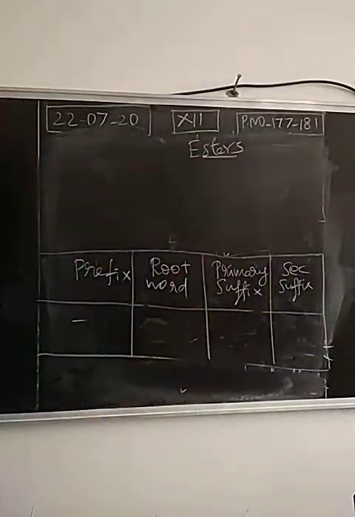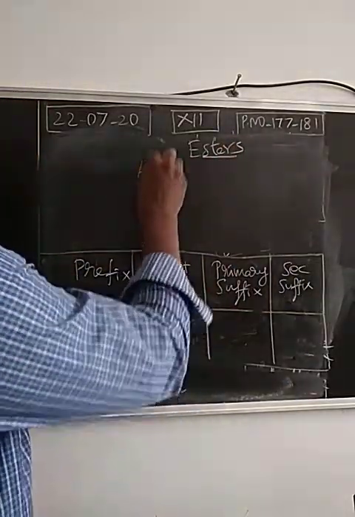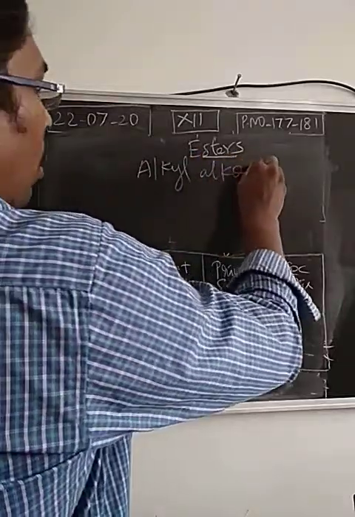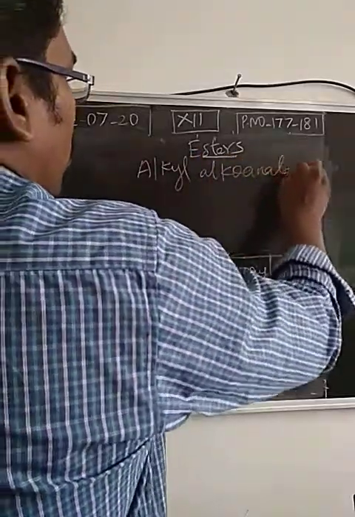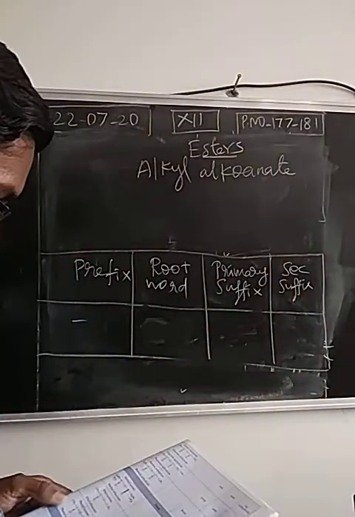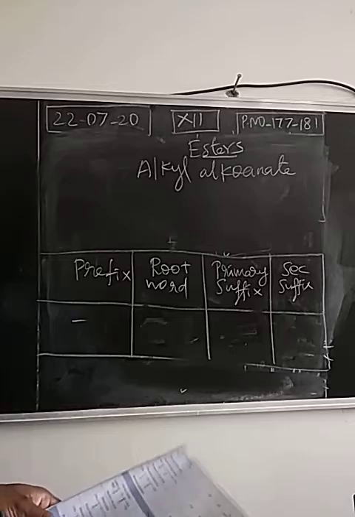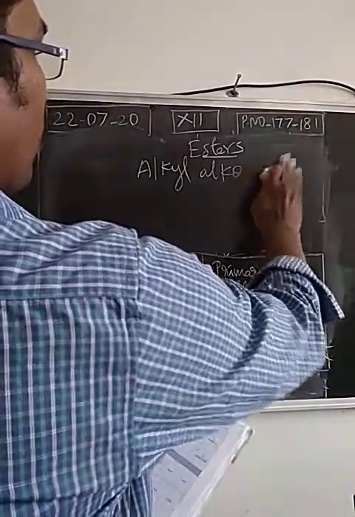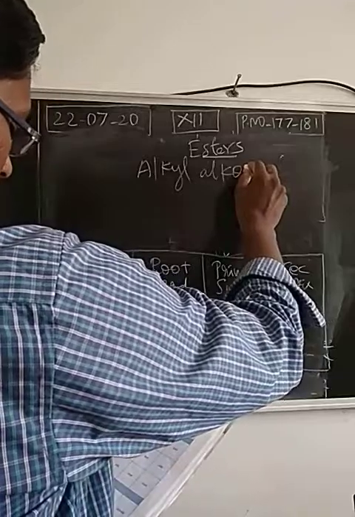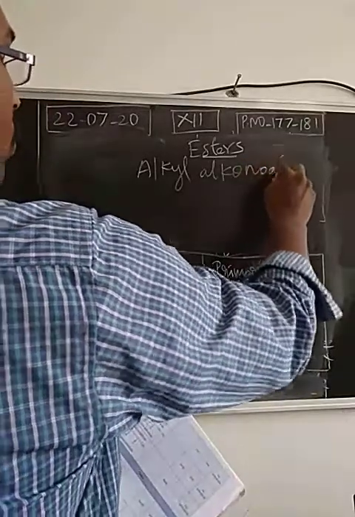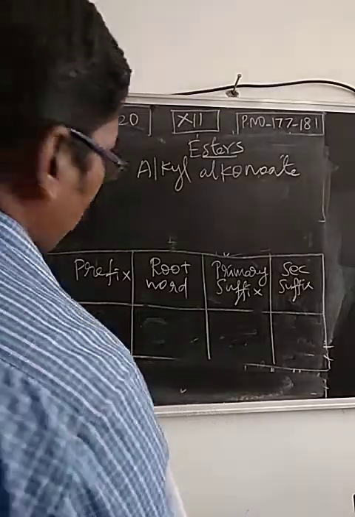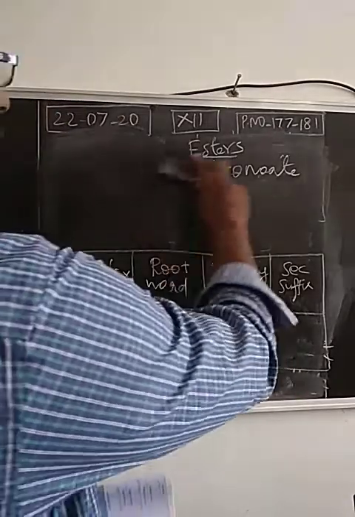For esters, the common IUPAC name is alkyl alkanoate. This is the common one: alkyl alkanoate.